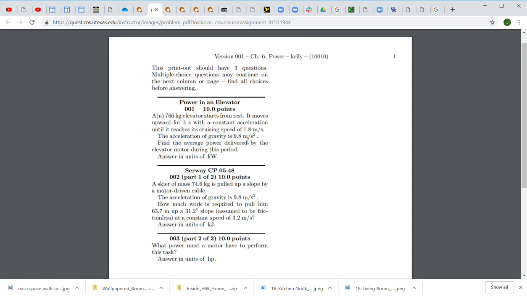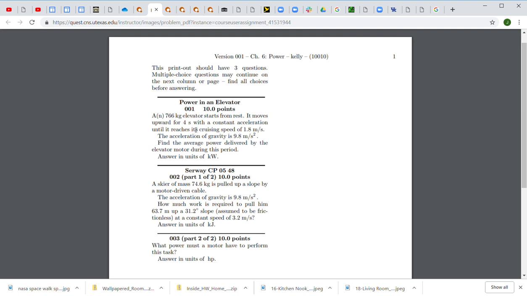And in this case, once we've got that force, we need to figure out over what distance this thing is moving. We know its acceleration, and we know the amount of time it's accelerating at that rate, so we can use some kinematics to figure out how far it moves in those 4 seconds.